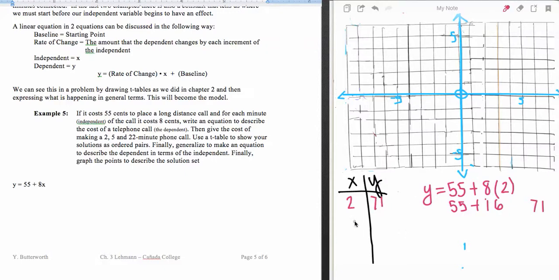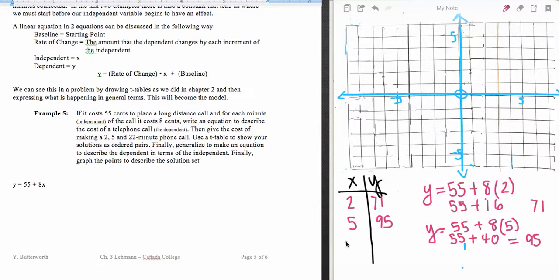Then our next one is a 5-minute phone call. So y is equal to 55 plus 8 times 5, so we have 55 plus 40, and this time we have a 95-cent phone call.